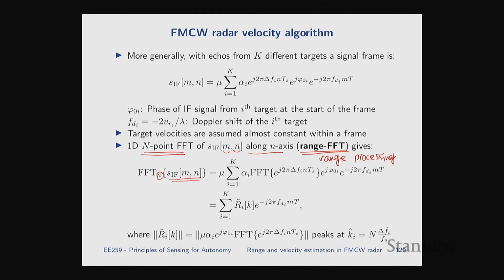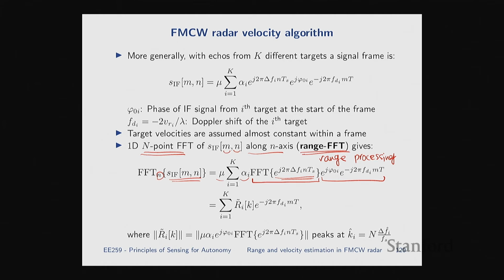So everything that doesn't depend on N, you can just take out of the FFT sum or integral. So mu is mu, alpha I is alpha I. This stuff you can also take out because they are not functions of N. The only term that has N dependence is this, e to the j 2 pi delta f I n Ts, which is the same thing we had before when we did our ranging.